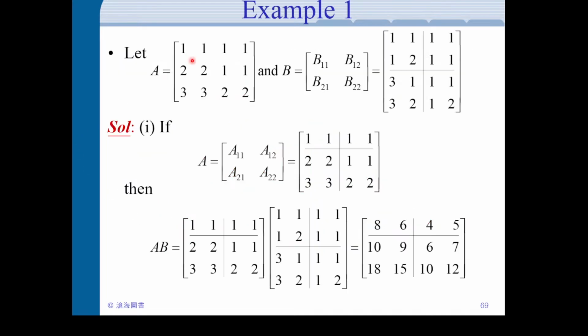Okay, so then we have a whole bunch of examples. We have A equal to this, then we partition B into blocks, and we also partition A into blocks, then we can have this block multiplication.